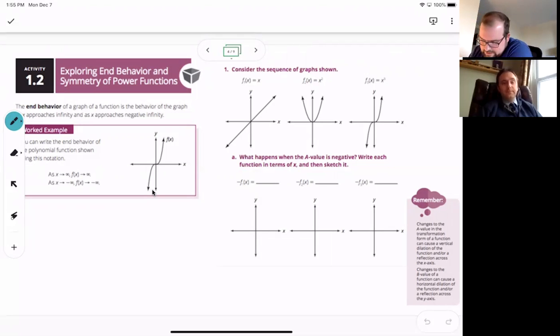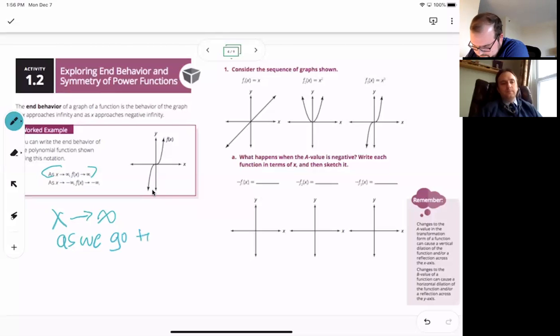So often when we use end behavior as a phrase, we use language that looks really complicated, like this stuff here. And what this is saying is, x approaches infinity. So that's like x gets really, really huge, right? And graphically, I think about this as we go to the right.